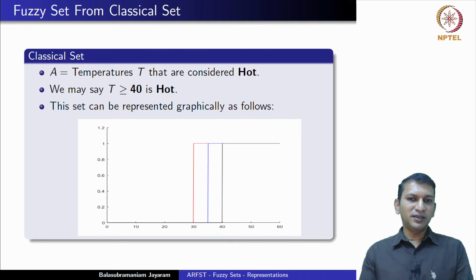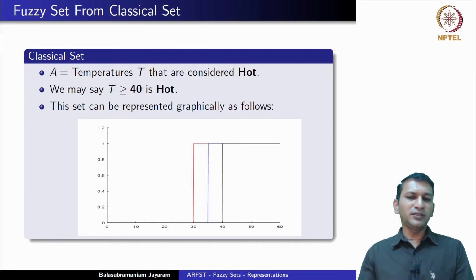Now you see here, this hot, as we have seen in the previous lecture, is subject to different interpretations. Of course, contextual also, but largely subjective and allowing different interpretations on its own. Now, if you put a hard threshold, then we would get different interpretations and different corresponding characteristic functions.